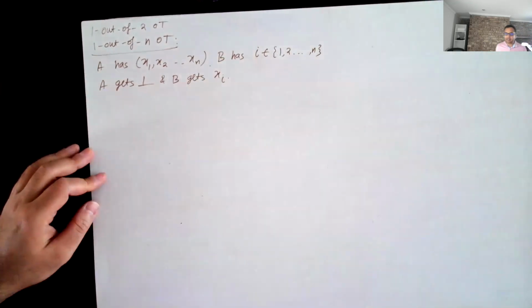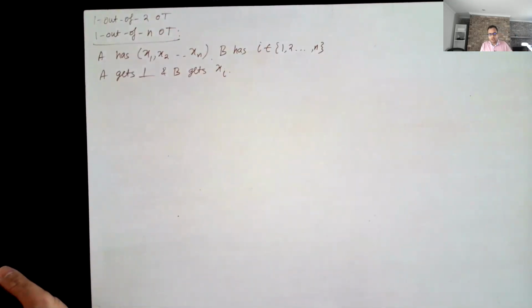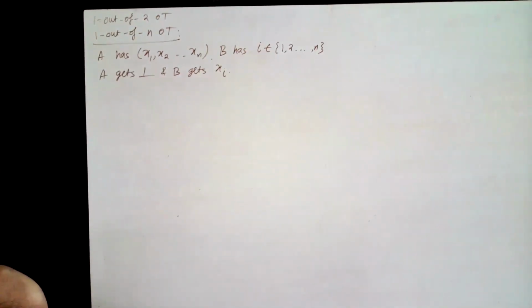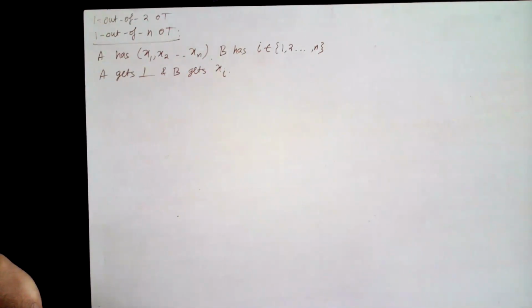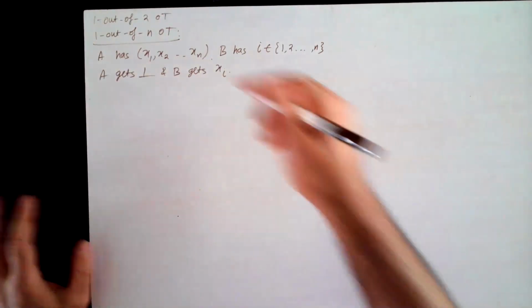And B learns xi. So any ideas on how to construct 1 out of N OT? Can we represent I as an n-bit message, and learn each of the zeros and ones through separate rounds in the protocol? Well, the receiver B only learns a single bit, right? Which is xi. So all of these are still bits.